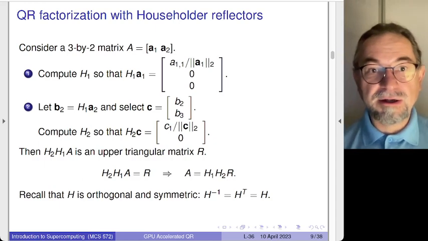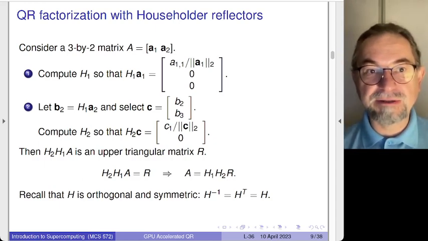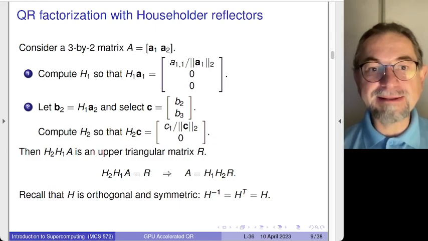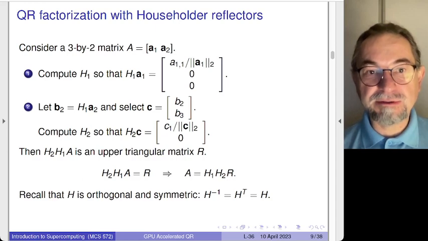Okay, here an example, still algebraically, but if you understand it for a 3 by 2 matrix, so we have fat A1 is a column vector, fat A2 is also a 3 by 1 vector. So we introduce zeros under the diagonal in the first column by computing the norm. And that will be our first Householder reflector.